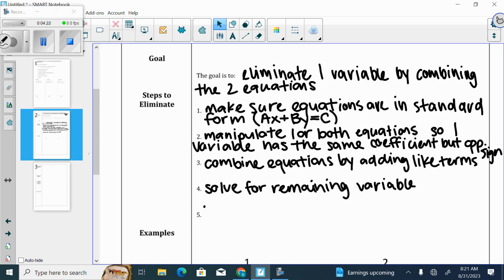So plug in the answer to an original equation. Make sure it's an original.